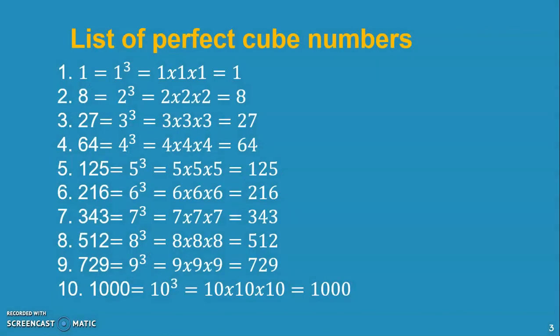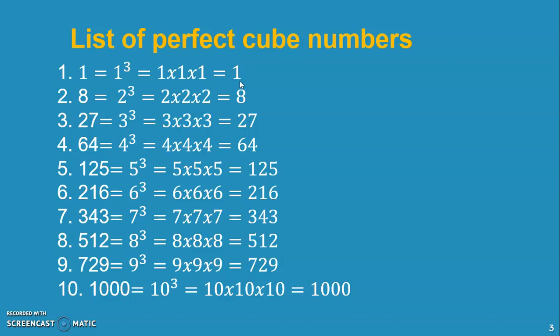We have here a list of perfect cube numbers. Number 1 is a perfect cube number because if you multiply 1 by itself 3 times, the result is 1.